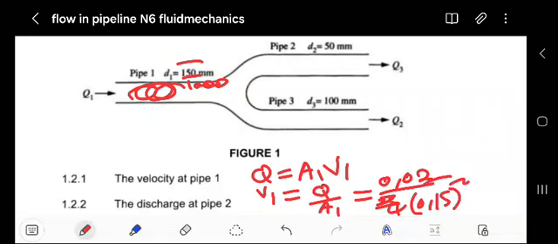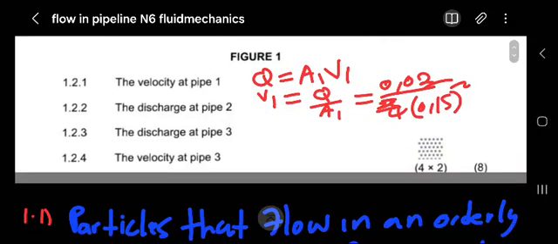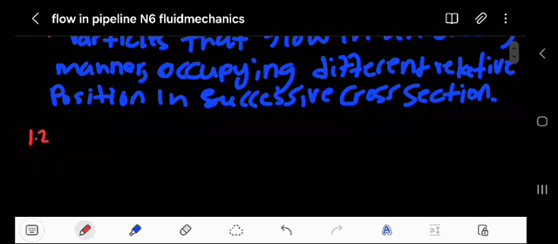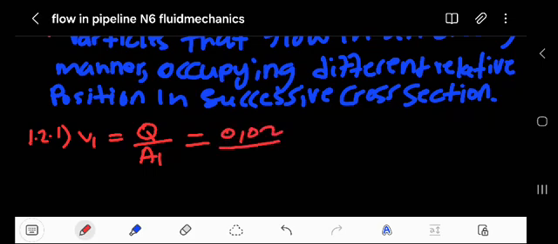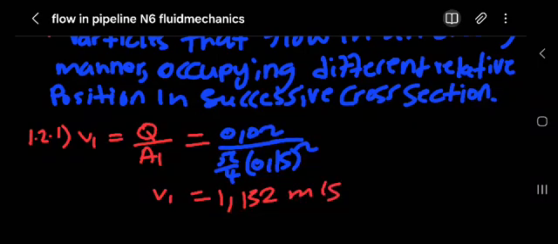If you punch this on a calculator, you'll get V1 to be 1.132 meters per second.